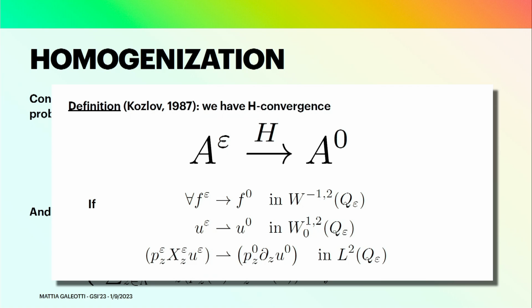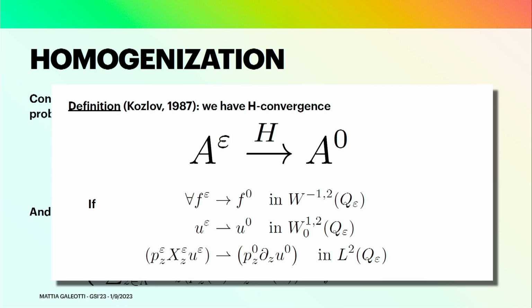So we have H convergence if we make the functions f epsilon tend to f0, and we have that the solution tends to the classic solution, and the vector of derivatives tends to the vector of derivatives of the classic solution in the opportune spaces, that are all well defined.